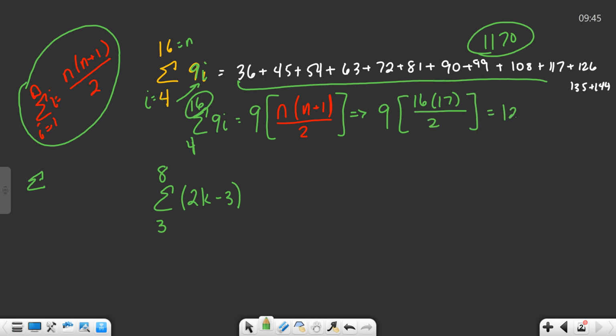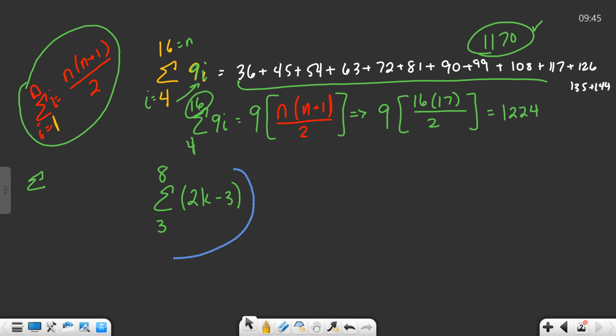If you do that on the calculator, I believe you get 1,224, and you might say, wait a minute, that's not the answer you said we would get. And you're right, because our formula works when we begin with 1.